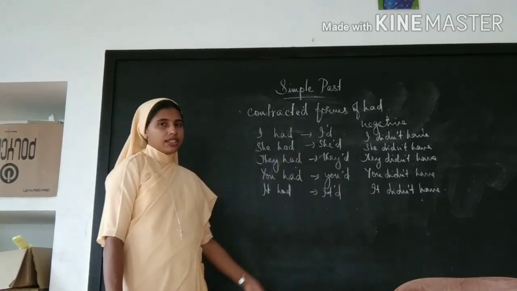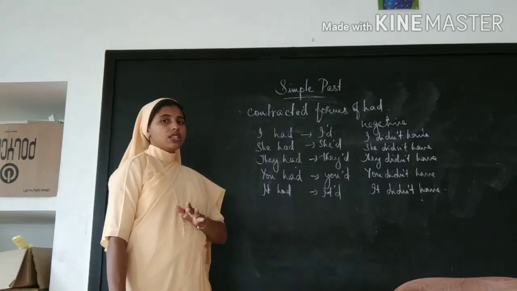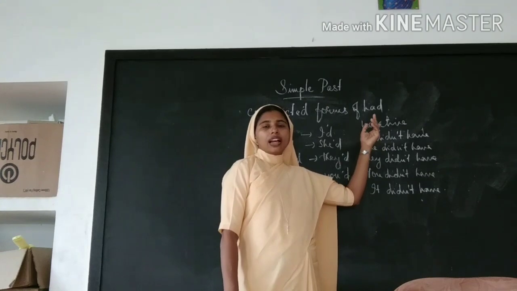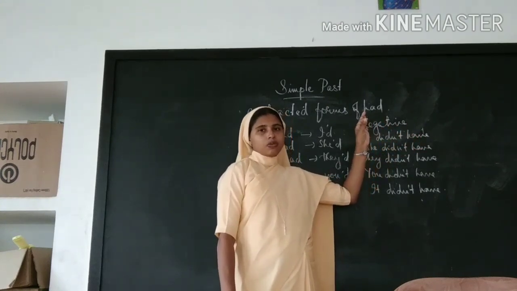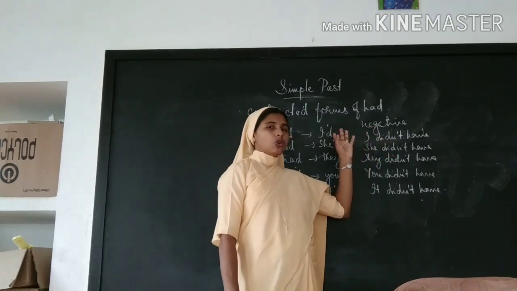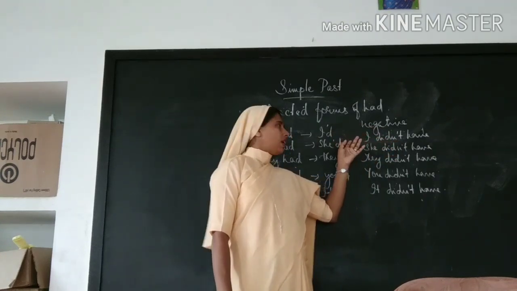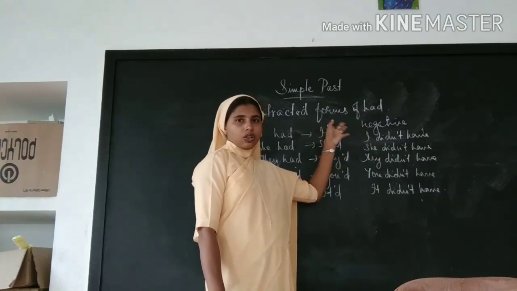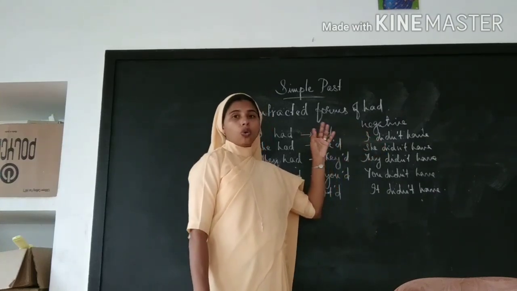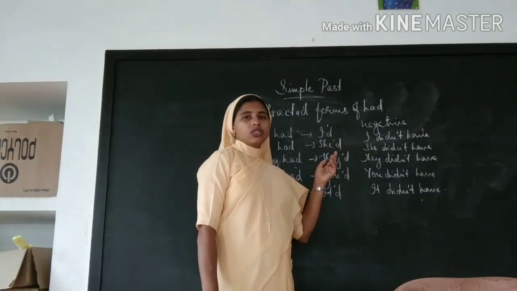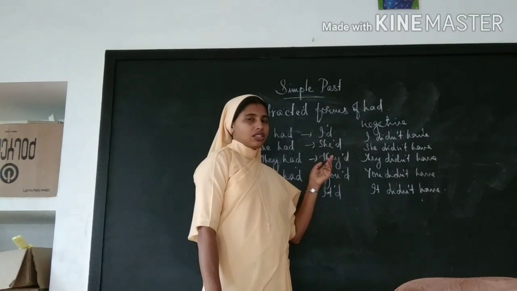When it is used in negative sentences, we can use it in two ways. One is I didn't have, or I hadn't. In both ways you can use it: I didn't have or I hadn't. The same way, she didn't have, she hadn't.